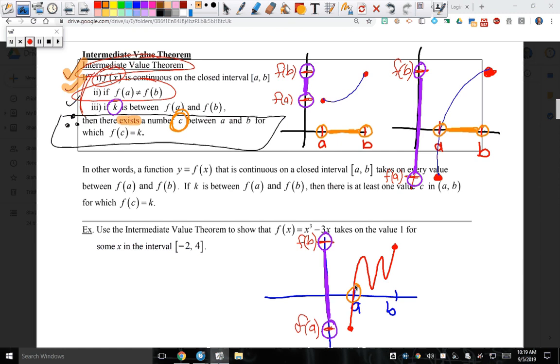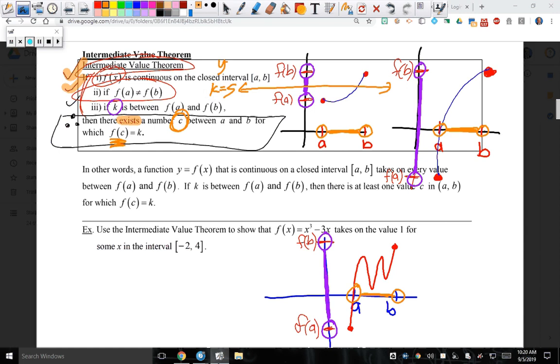Okay? There must exist an X value between A and B for which the Y value at that C is equal to K. You with me? Here we go. Visually, let's say that K was right here. Let's say it's 5.